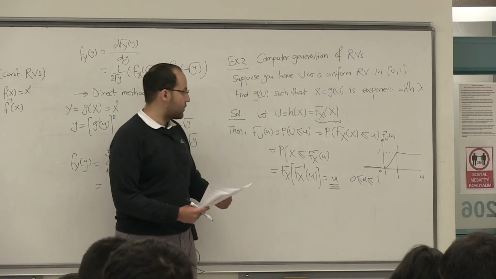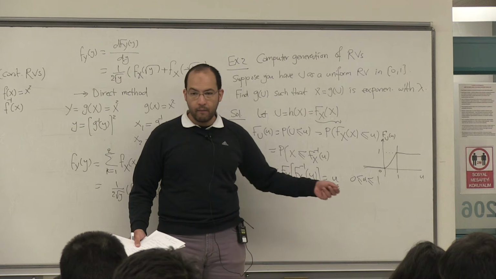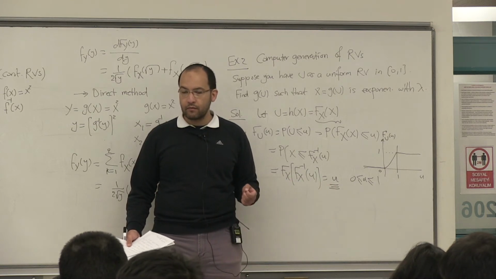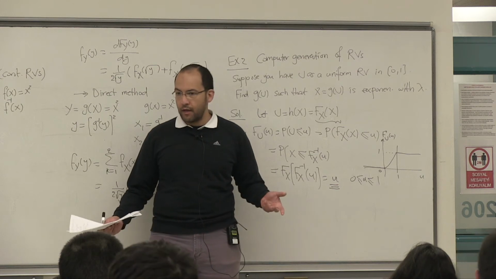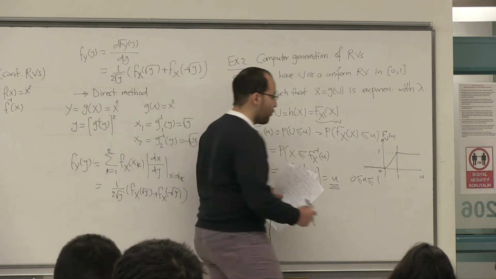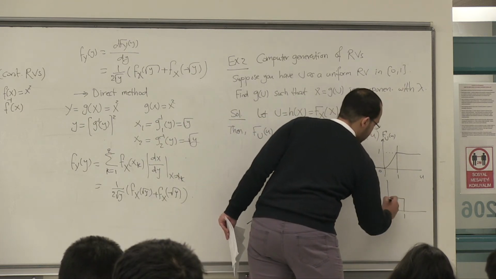Even if you have doubts, if you have its CDF, how do you get the PDF? When you differentiate this, you get what? Exactly, right? So even if you are confused about it, differentiate this and you get this.